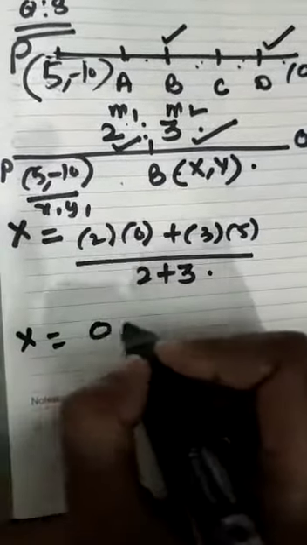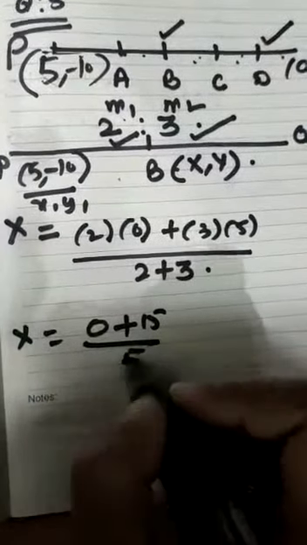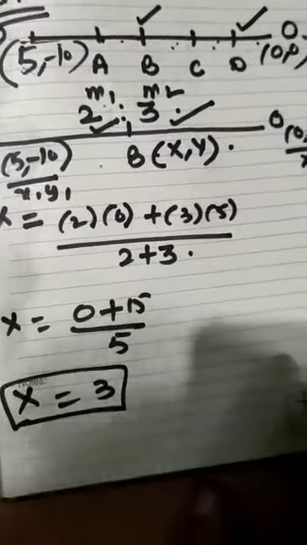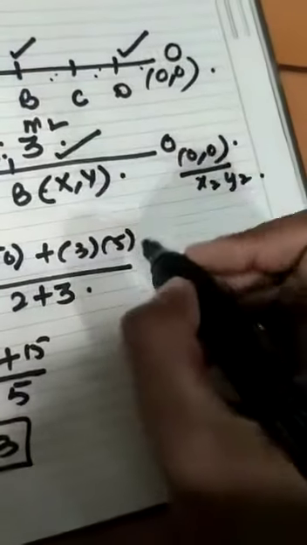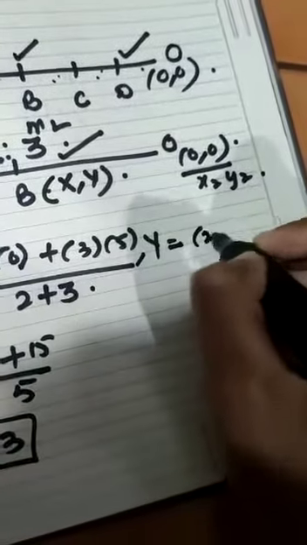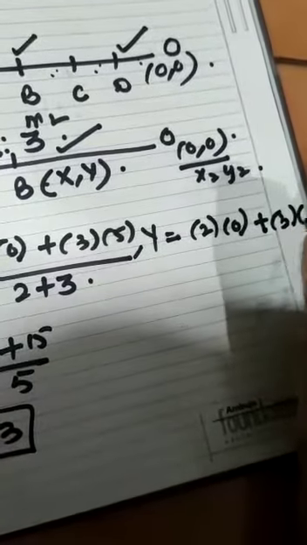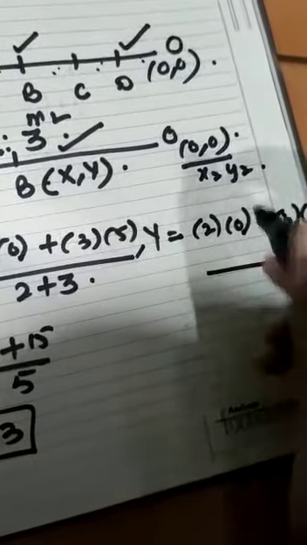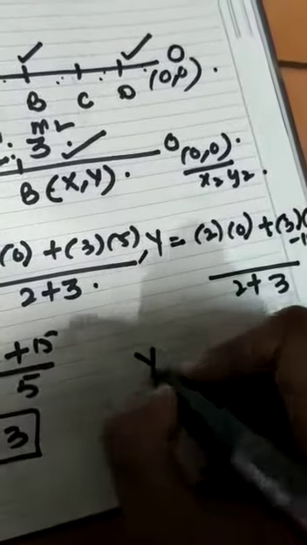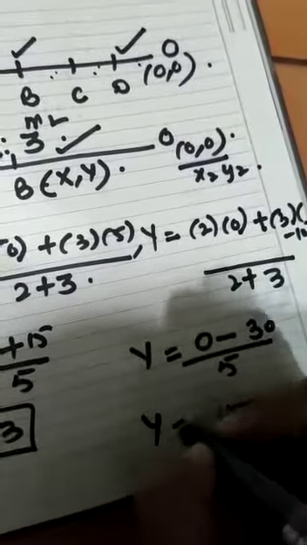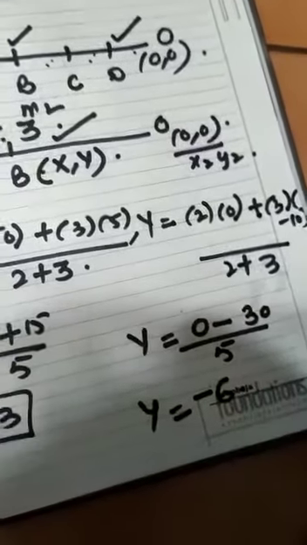So X is equal to (0 + 15) over 5, so X is equal to 3. Now Y is (m1 y2 + m2 y1) over (2 + 3). So Y is equal to (0 - 30) over 5. So Y is equal to -6.